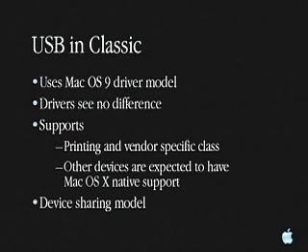And the USB stack will do all of the exact same enumeration, discover a device, load a Classic driver exactly the same way it does in Mac OS 9 right now. So a driver shouldn't see any difference between how a device behaves within Classic and how it behaves in pure native Mac OS 9.1.